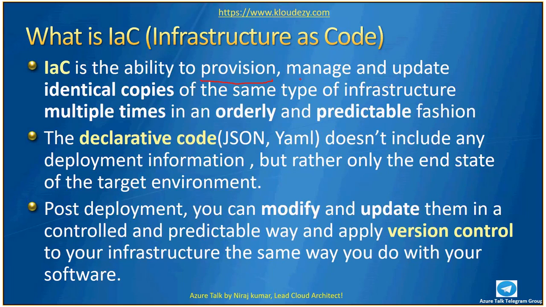When I say identical copies, if you have repeatable infrastructure, you want the same infrastructure again and again. You have defined architecture patterns and deployment patterns, say some 10 deployment patterns which your developers require every time, and you need to deploy them. Today, how do you do it?